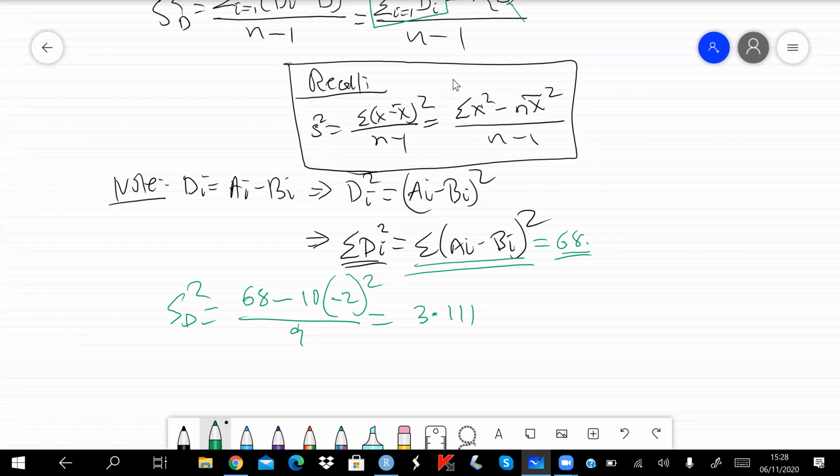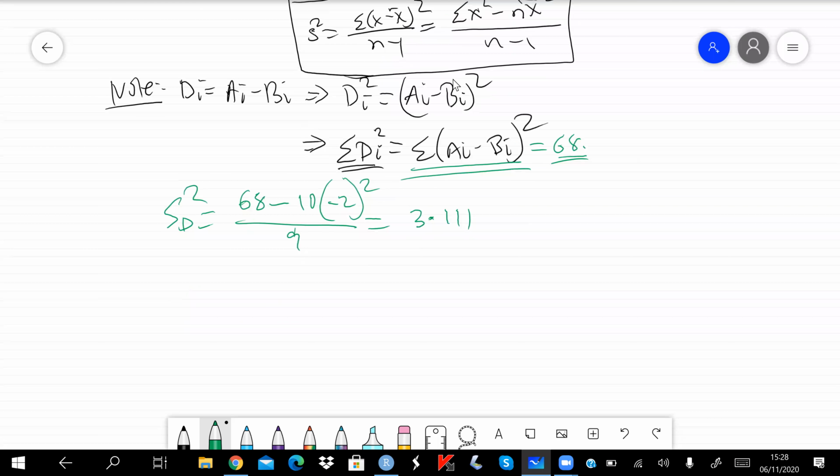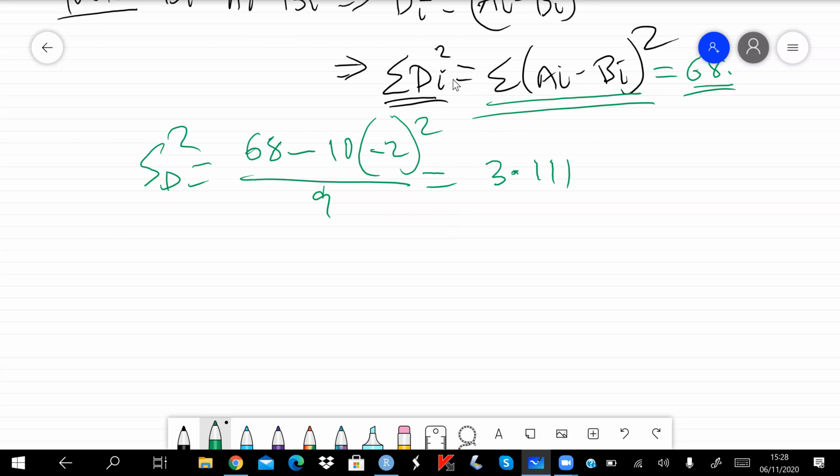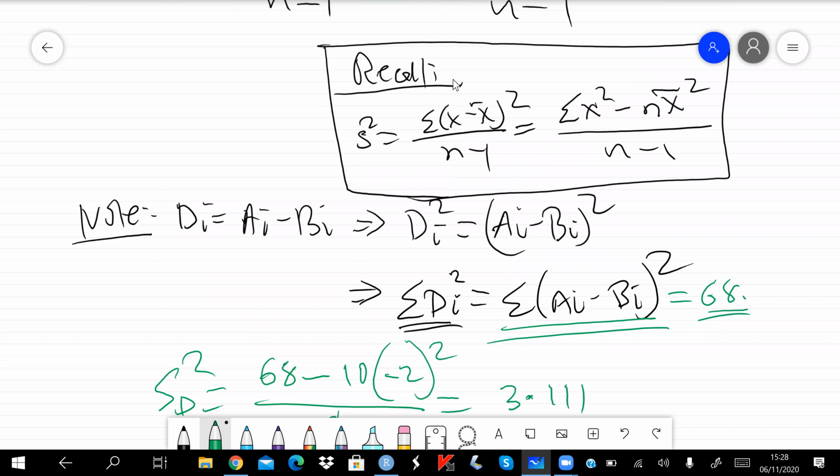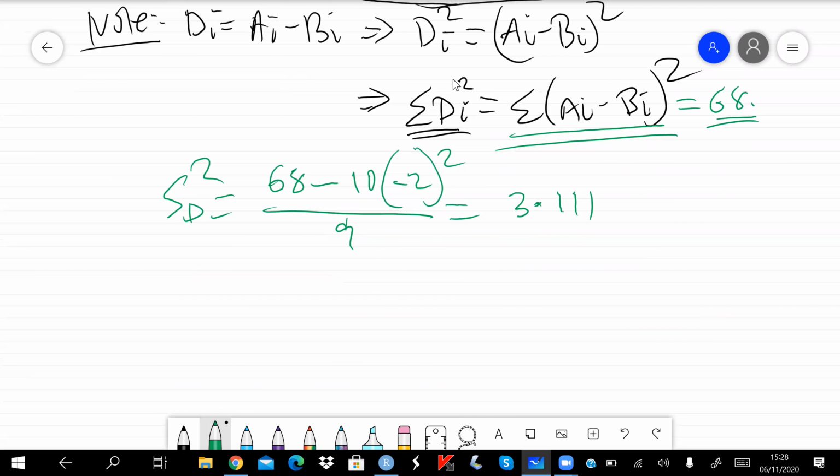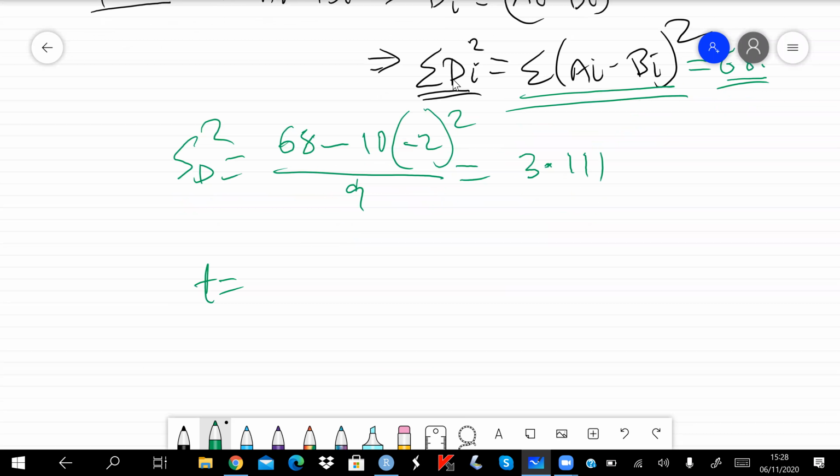Okay. So once you have the sample mean of the differences, and of course the variance of the differences, now we can calculate the test statistic. Clearly, because our sample is small, we shall be using the t distribution. We have made an assumption that the populations from which the samples are coming are normal, so we shall comfortably use the t distribution. The statistic will be given by d bar minus delta divided by s_d over root n.